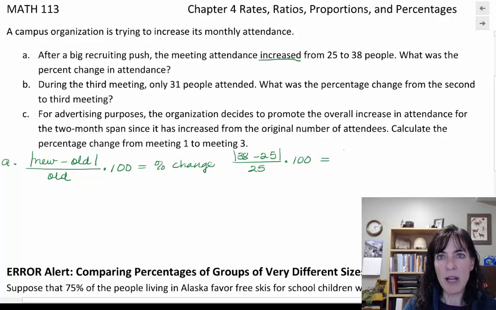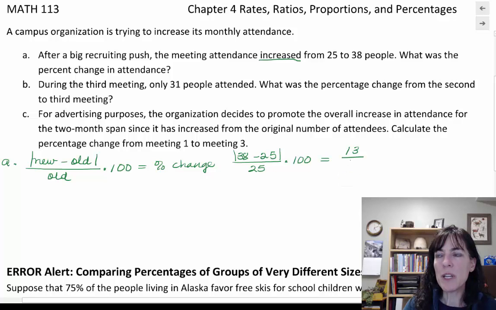So 13 is a positive number, so when I do the absolute value of 13, it stays 13. It's not going to change. Remember, absolute value only eliminates the negative from your answer, not from everything inside the equation. You calculate first. Like here, the 38 minus 25, take that first, and then on your result, the number you're left with, that's where you drop off a negative if you have it.